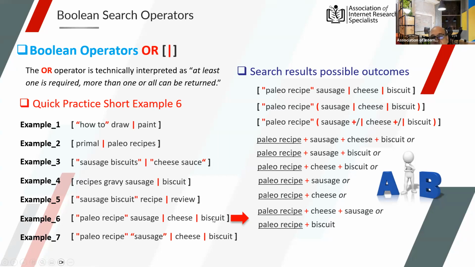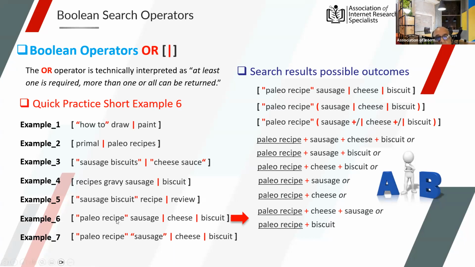But at the same time, know that whenever you're using OR and you're using words like paleo recipe within quotation, it is making a relationship automatically. So if a relationship excludes from paleo recipe all three words, then the search will not bring any result back, assuming not in this case, because it is definitely going to be found.